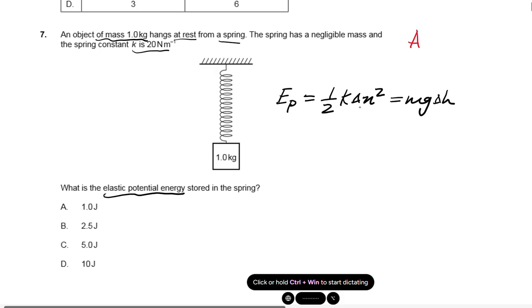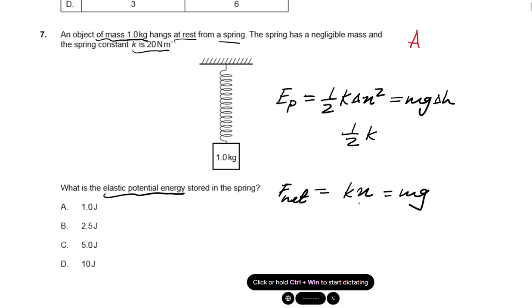and that change in h is equal to our change in extension, right? And so we have kx. In fact, I think we should do net force first, right? Because it's at rest. So we have F net is equal to our weight, which is downwards, is equal to our Hooke's or elastic force, which is kx, so mg equals kx, and that way we can find x, right?